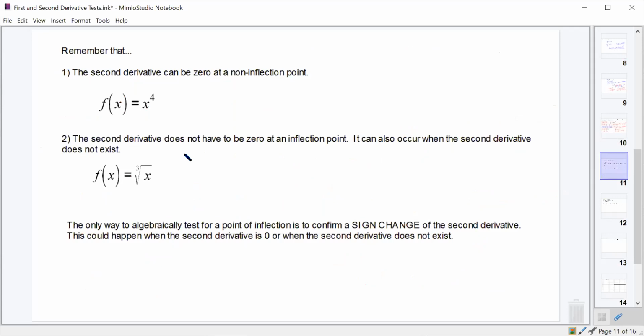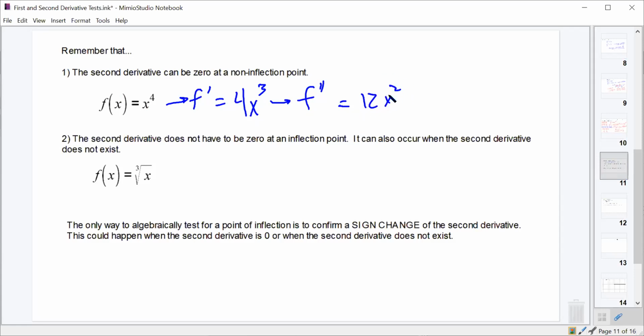All right, so the question you were just asking basically is this. Do we have to plug it in? Yes, because the second derivative can be 0 at a point that's not an inflection point. We also need to be careful about making sure we check when it's undefined, because a lot of times people forget about that. So just one basic example is x to the 4th. Your derivative would be 4x cubed, and your second derivative would be 12x squared, right?